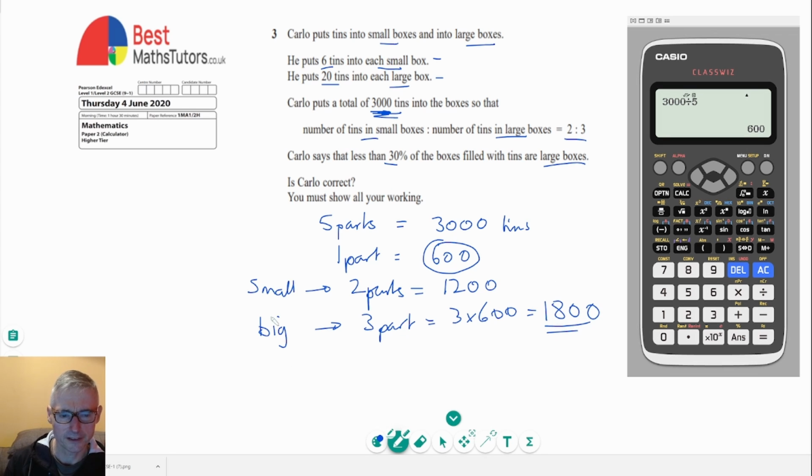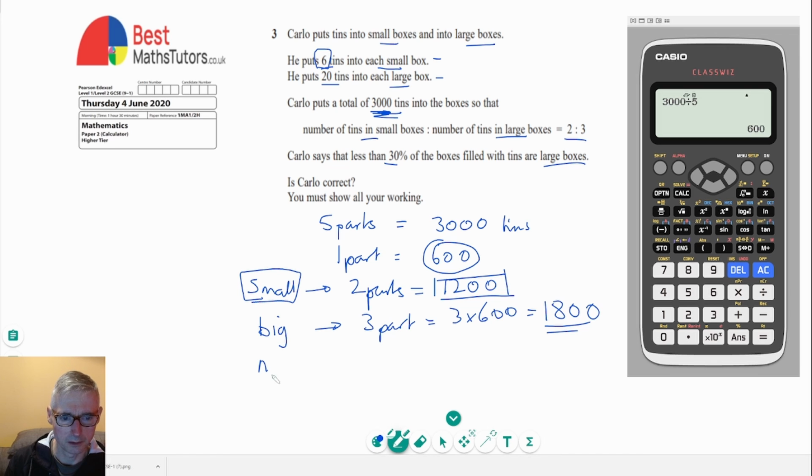And then we need to find out how many small boxes are filled and how many big boxes are filled. And to do that, in the case of the small boxes, we know that 1,200 tins have been put into small boxes, and we know that 6 tins will fill one small box.